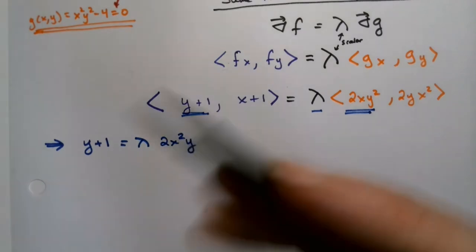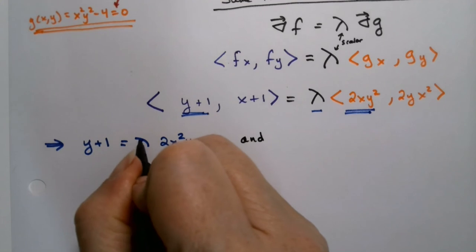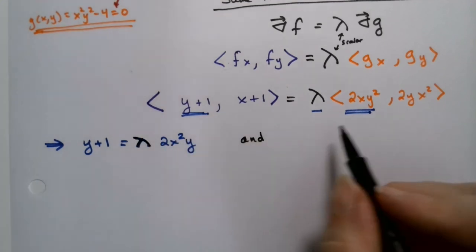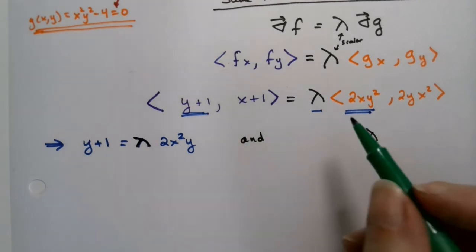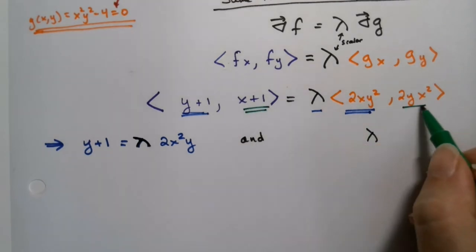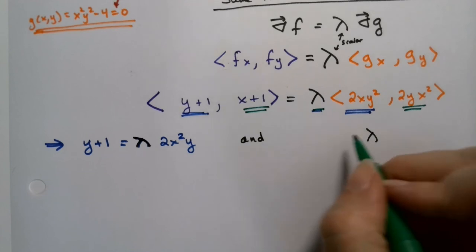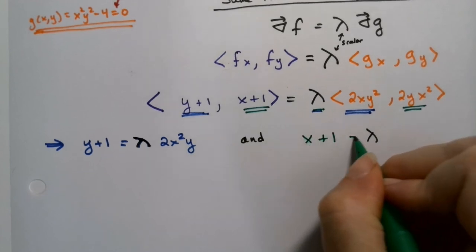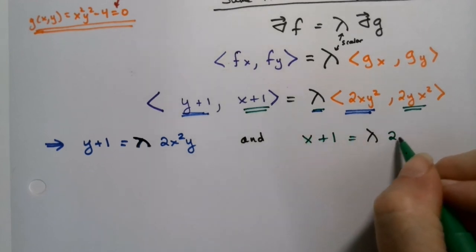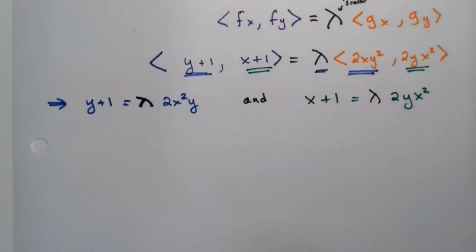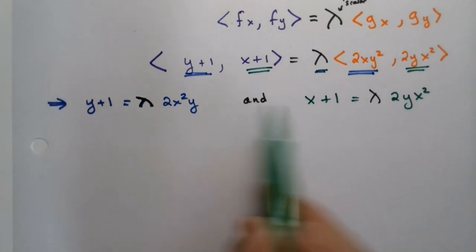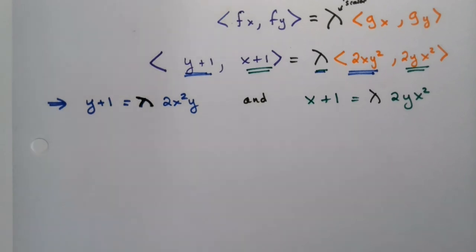And at the same time, let's see here. I'll use green. This piece is equal to this piece times lambda. So you'd say x plus 1 equals lambda times 2yx squared. These things both have to be true at the same time. Now lambda is the same lambda on both of them, and that's what we're going to use to solve this.